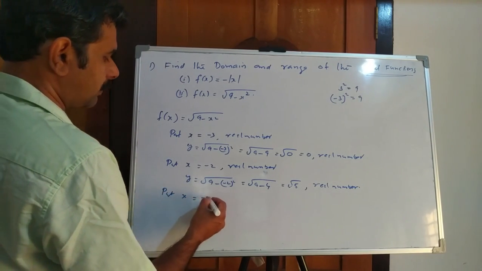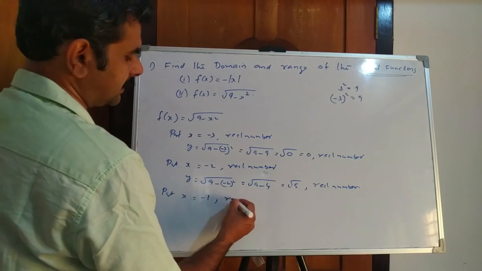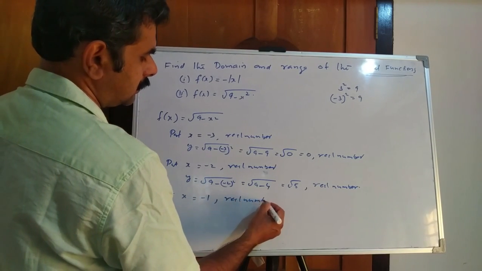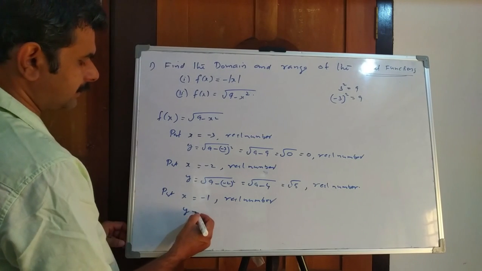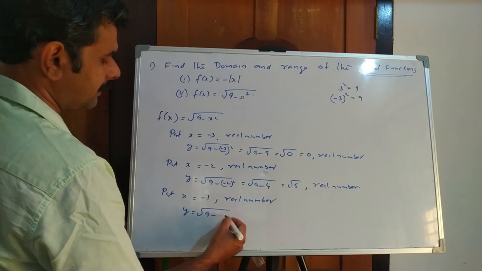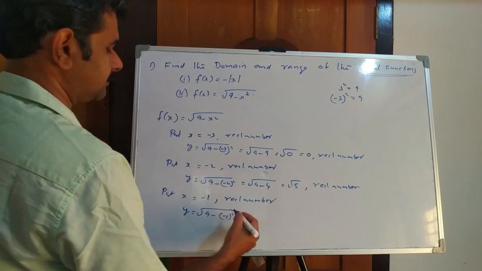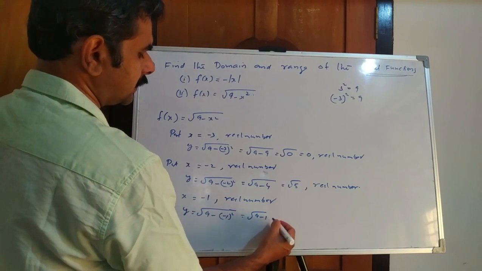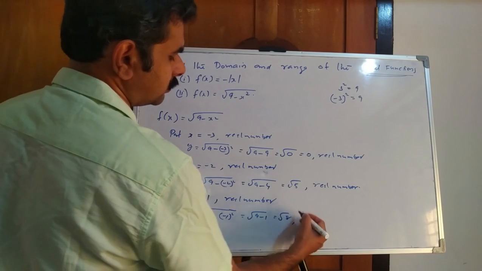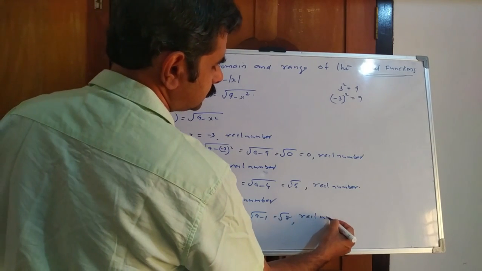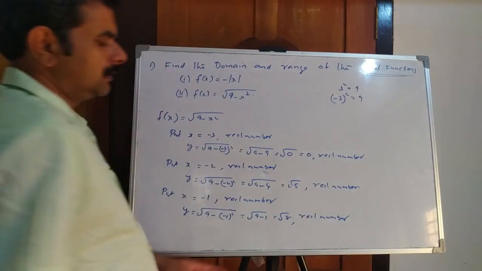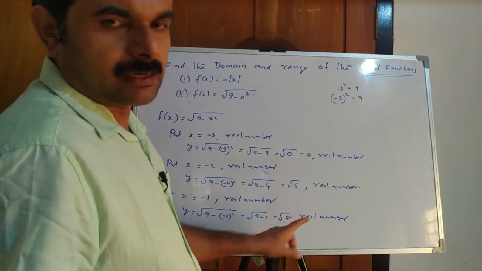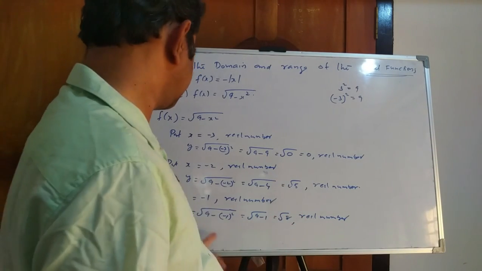Similarly, put x is equal to minus 1. Minus 1 is a real number. Then y is equal to root of 9 minus (minus 1) square. That is root of 9 minus 1, which is root of 8, also a real number, and its value can also be calculated by using a calculator.